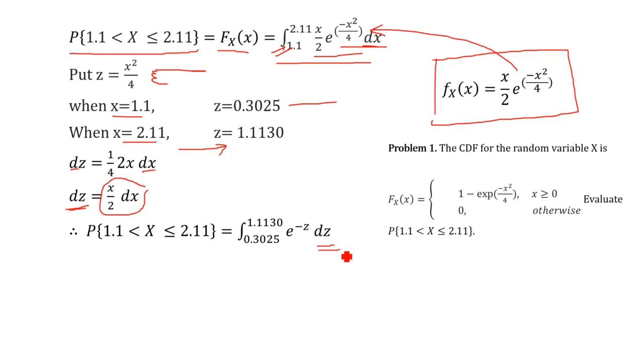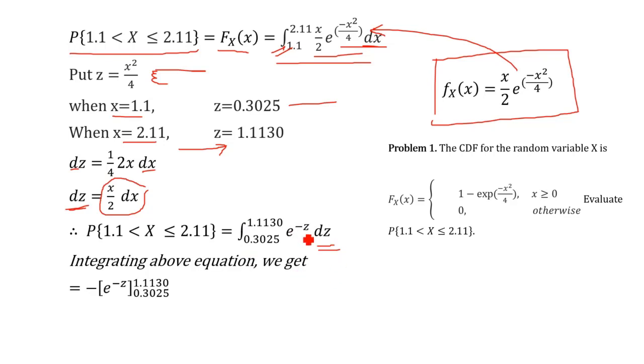What is the integration of e to the power minus z? It is minus e to the power minus z, with the limits, upper limit minus lower limit. First substitute e to the power minus 1.113 minus e to the power minus 0.3025, and everything should be multiplied with a minus sign.